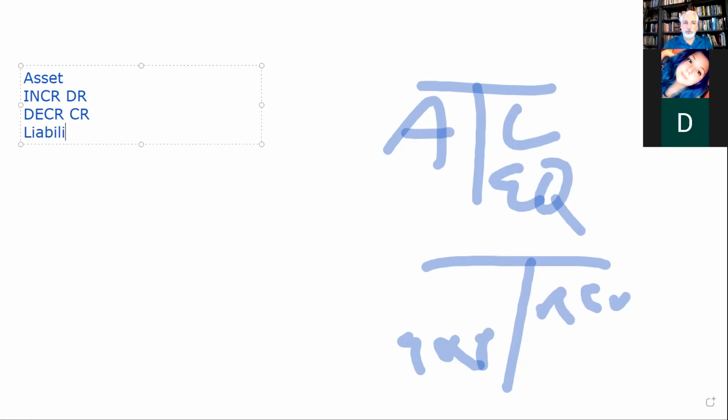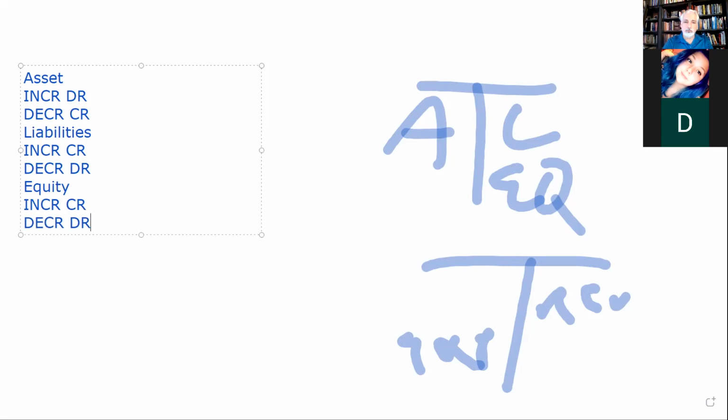How about liabilities? Increase in liabilities is a credit. Decrease in liabilities is a debit. So on the right side, we're writing our liabilities, we're crediting our liabilities, that's going to make them go up. Equity, it's the same as liabilities. Increase, a credit.